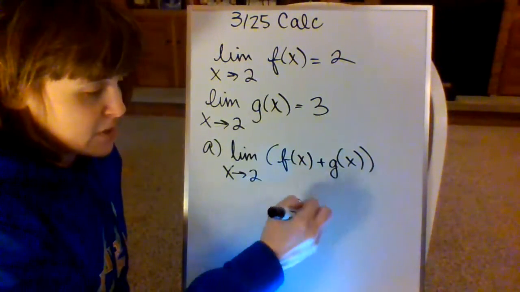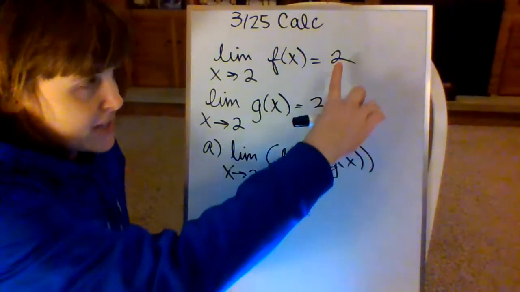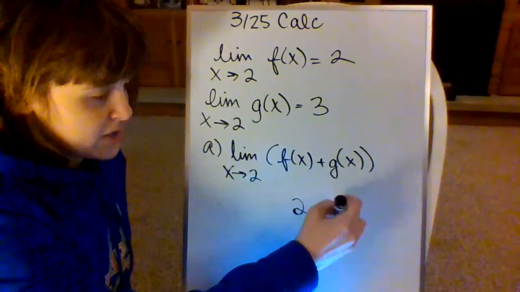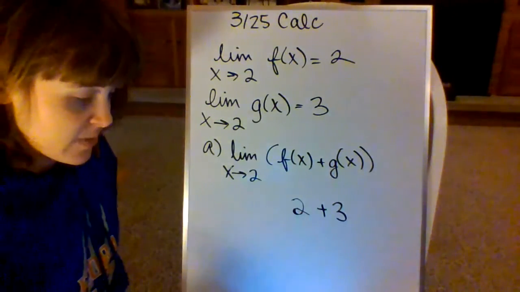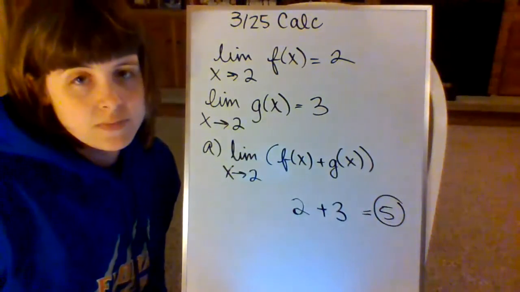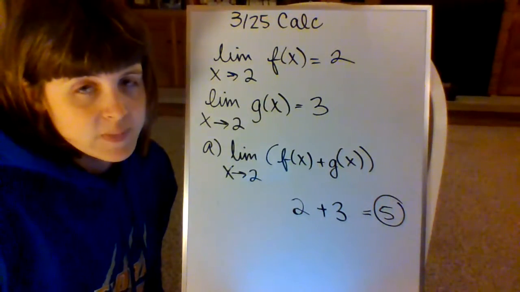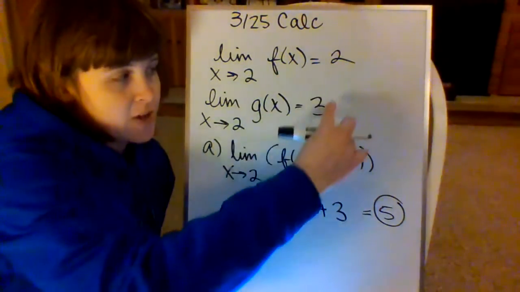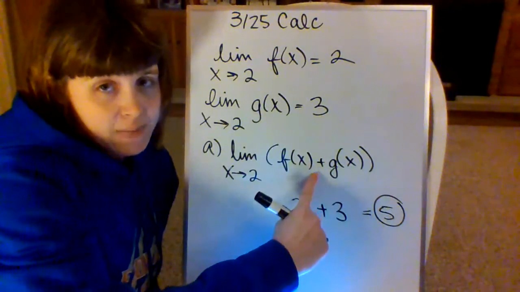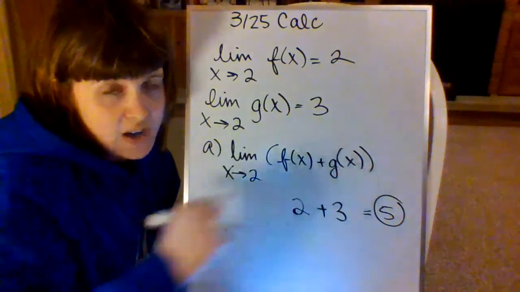And the limit as x approaches 2 of g of x is 3. So 2 plus 3 is 5. So the limit is 5. I'm just substituting in what these equal into what they want me to do, and then adding them.